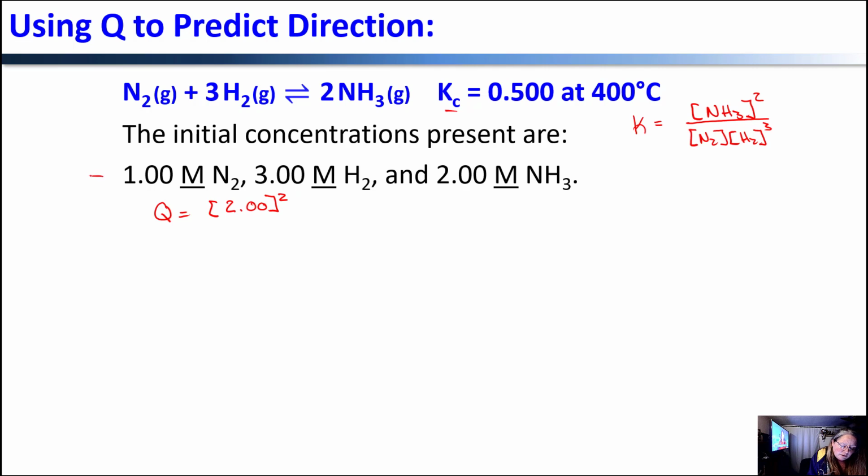Remember, we're going to use Q to figure out if we're at equilibrium yet. So 2 squared divided by my N2 concentration, 1.00, times my H2 concentration, 3.00, cubed. So what do we get? 4 divided by 27. It's definitely going to be smaller than that.